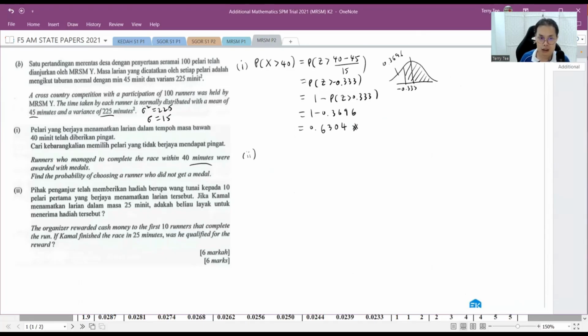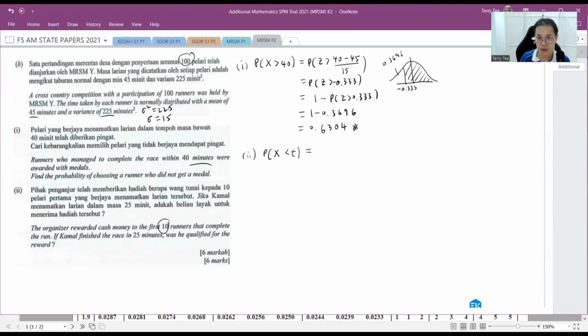Some people may calculate the probability, because they say first 10 runners, you have 100 runners. First 10 runners means what? You can only get the reward if you complete in a time less than, let's say, t minutes.